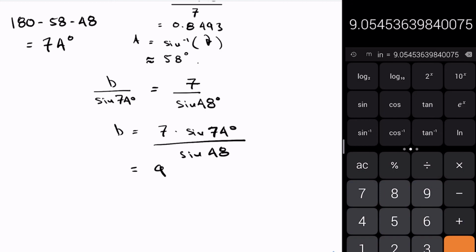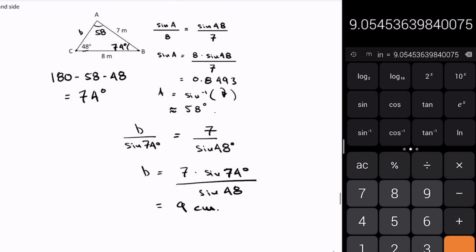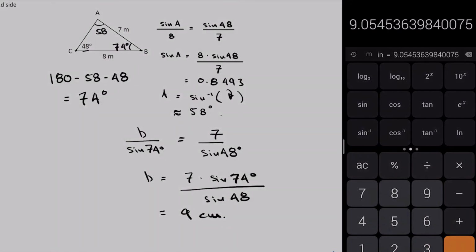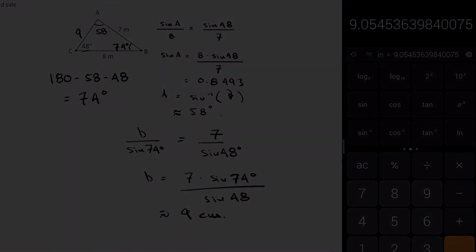So let's just say 9 centimeters. I'm going to round it to just the nearest centimeter, even though that's probably way off. It's good enough. Well, not way off. It's just, decimals do eventually count here. But let's just leave it at 9. So approximately 9.